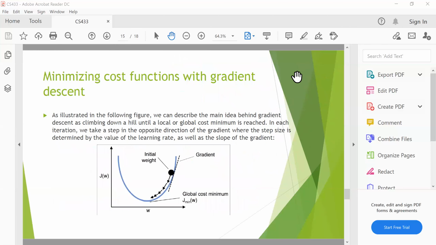The idea is the gradient. The gradient basically is just the derivative of this J(w). You take the derivative and then you can reach the minimum point. But how do we do that? We have an initial weight.